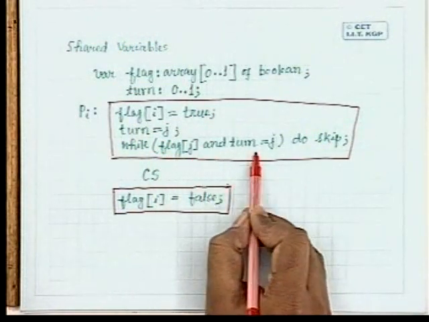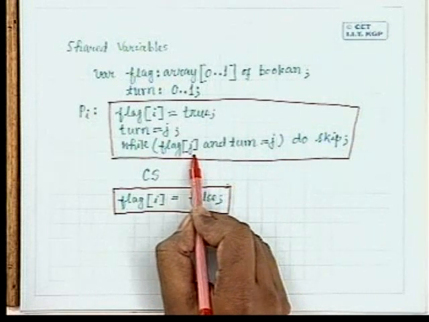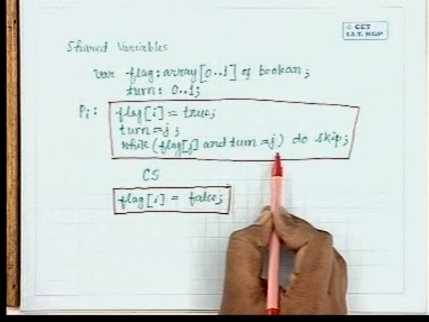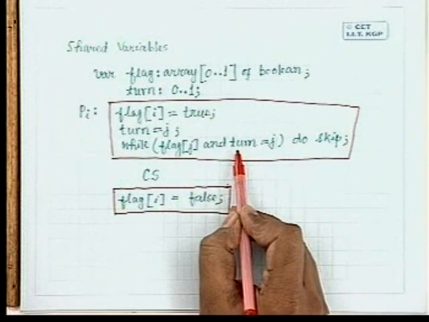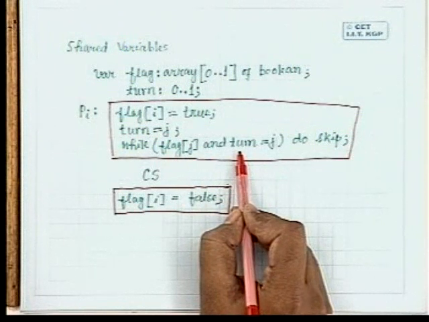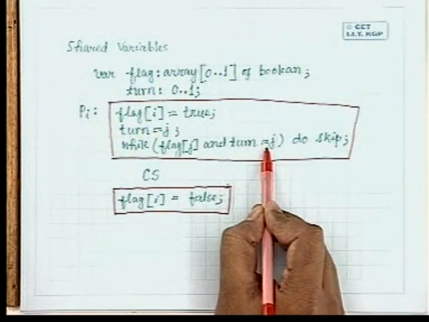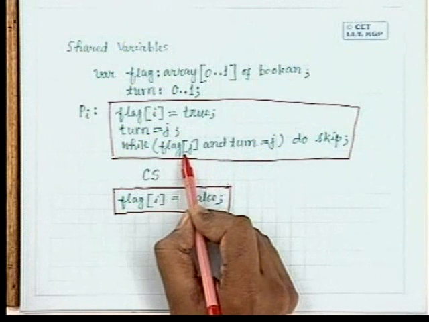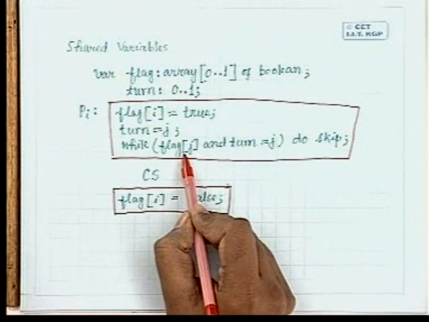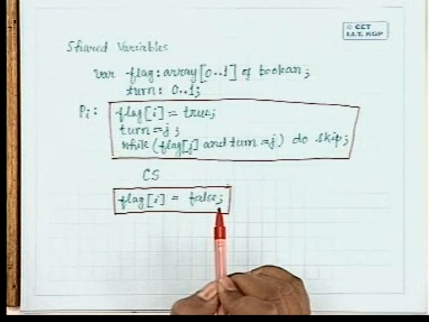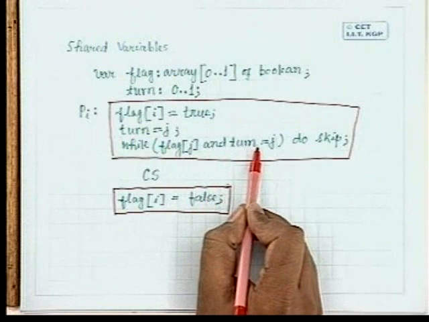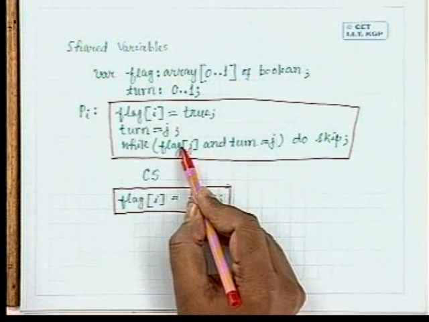So if both of these conditions are true, that flag j is true and turn is also equal to j, then the ith process will remain in the while loop. If any of them is false, either turn equal to j can be false, or flag j can be false. Flag j can be false in case the jth process does not want to enter the critical section. So if any of them is false or both of them are false, then the ith process will enter the critical section.